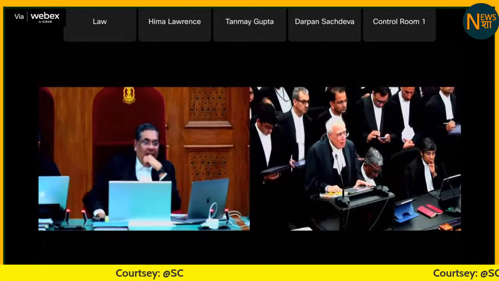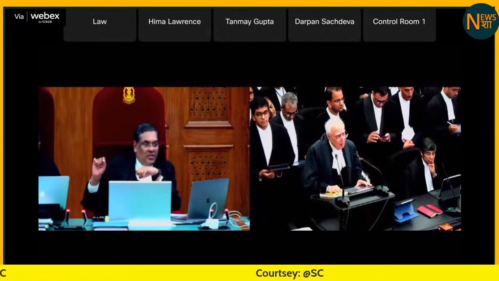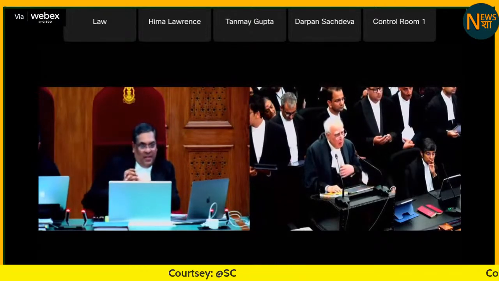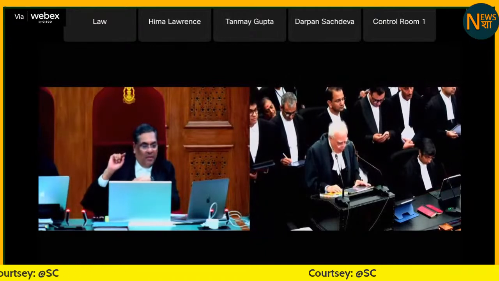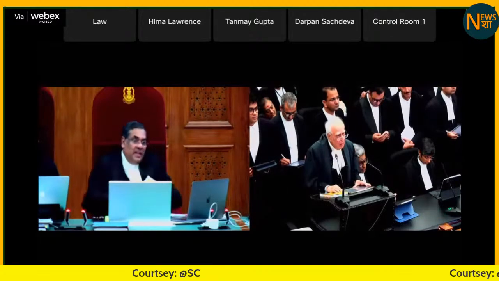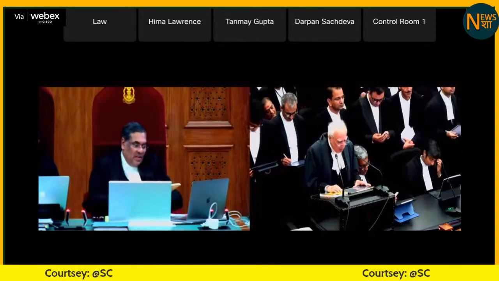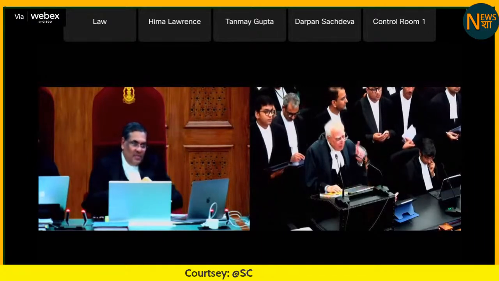Whereas as per clause 3 of Article 370, it's not the amendment which is applicable. As per that, it's the consent or the consultation or the recommendation. Neither consent nor consultation. It's a recommendation.